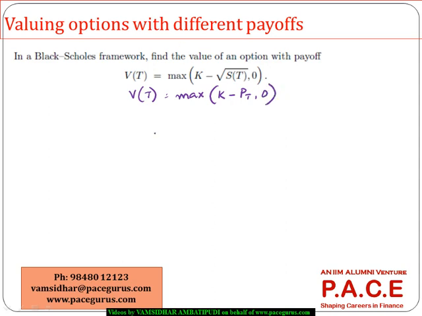PT is what I am assuming as the square root of ST. So if I want to find the value of the option at time 0, I take it as e^(-rT) times the expected value of VT, which is e^(-rT) times the expected value of max of K minus PT, 0.